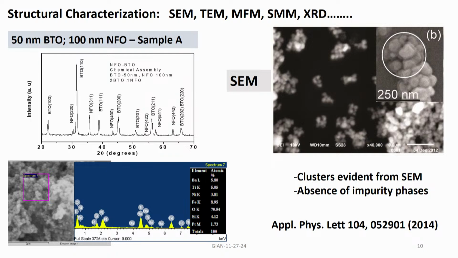You clearly see a distribution in the size of barium titanate. It is not uniform, it is not just 50 nanometer, there are small ones and bigger barium titanate. And we also did chemical analysis, and we made sure that we do have nickel ferrite and barium titanate in it.